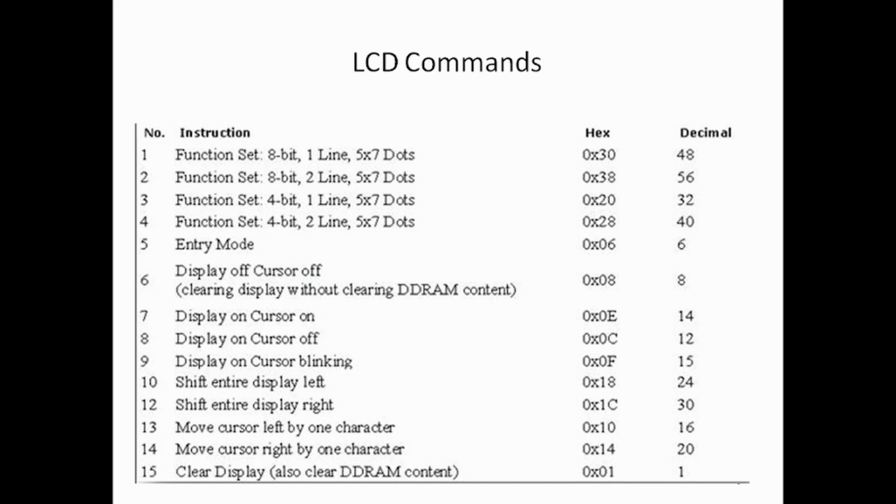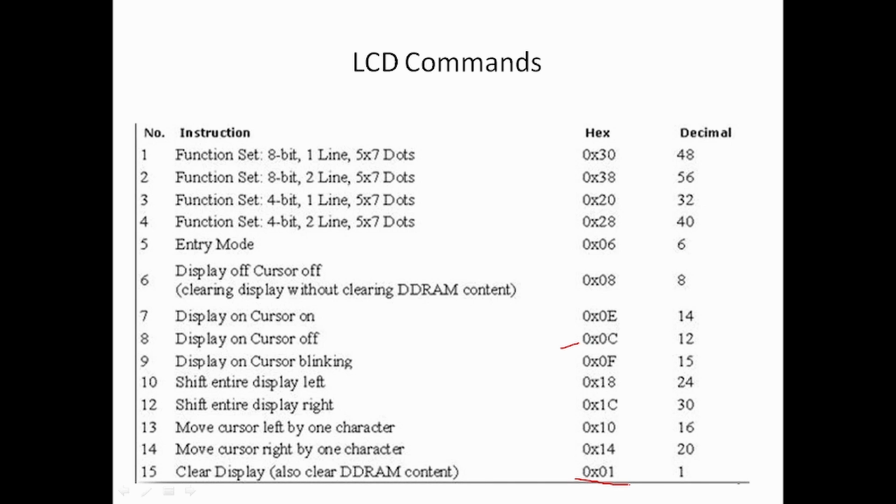And these are the various commands. I have used just a few commands for explanation purposes, right? You can see various commands are there. If you write 01, then it will clear the display. Suppose initially you have some message, hello world, then you can simply write this command.